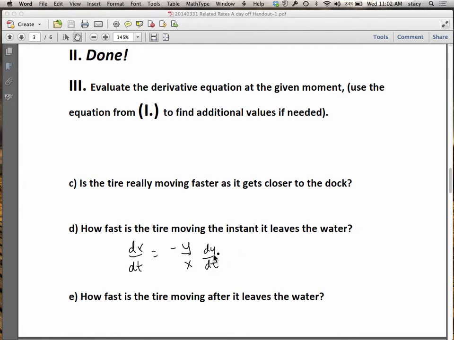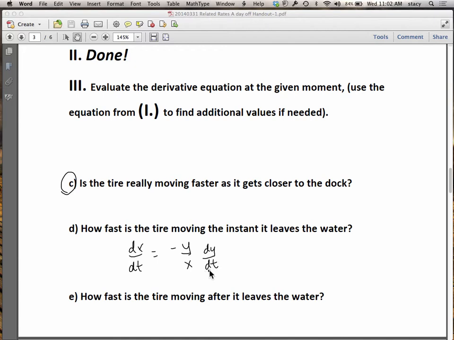So at the instant that the tire leaves the water, x has a value of 0, right? And y has a value of 3. That's an undefined numerical value. So what you have to do in order to answer this question is continue the process that you started in C and keep testing values as x gets closer and closer to 0 to see what's going on, okay? And that's how I would suggest you approach that.